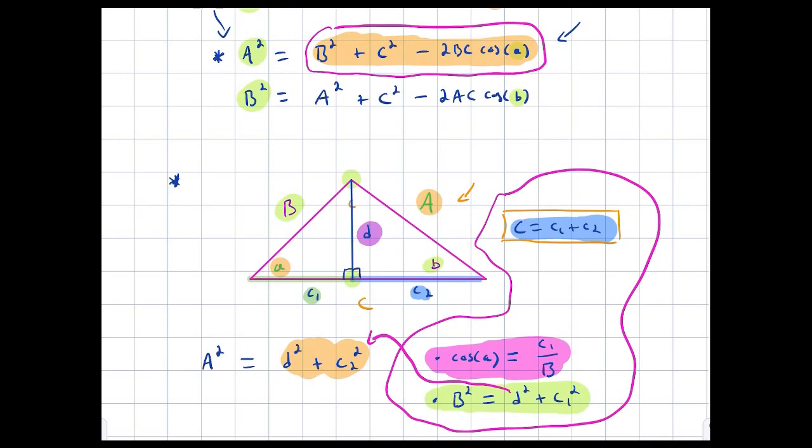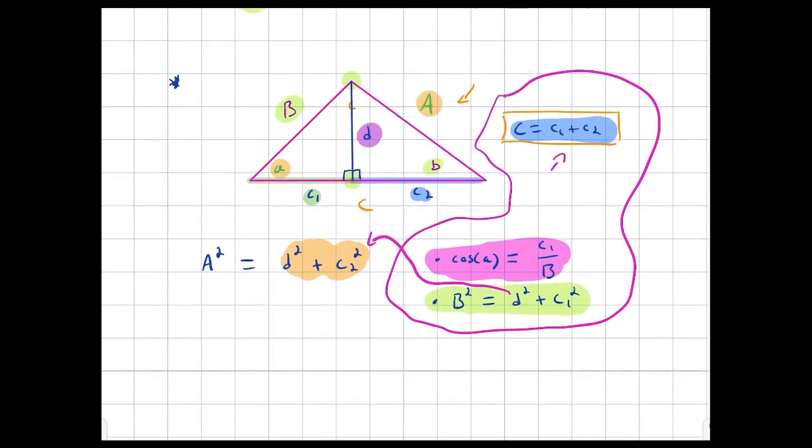And then I have also the C1 squared, and I have my C and my C squared. C is C1 plus C2. So let me make those substitutions and see if I can scramble them around and maybe reduce them to D squared plus C2 squared, which I know is then equal to A squared.